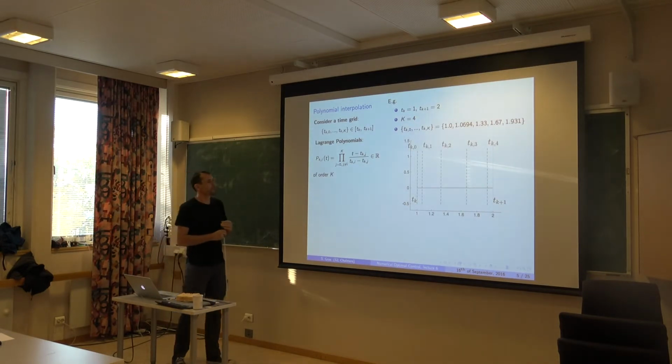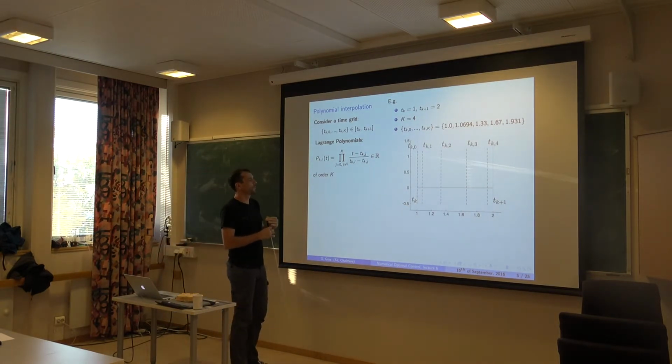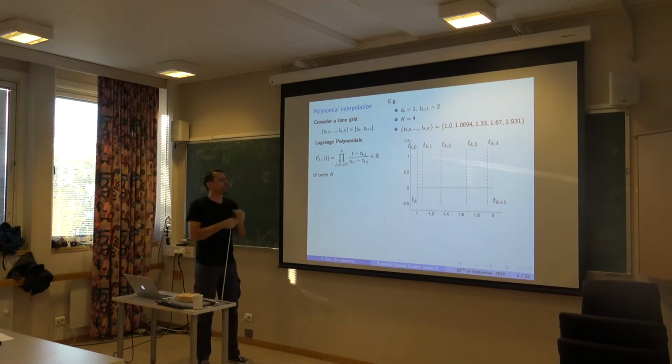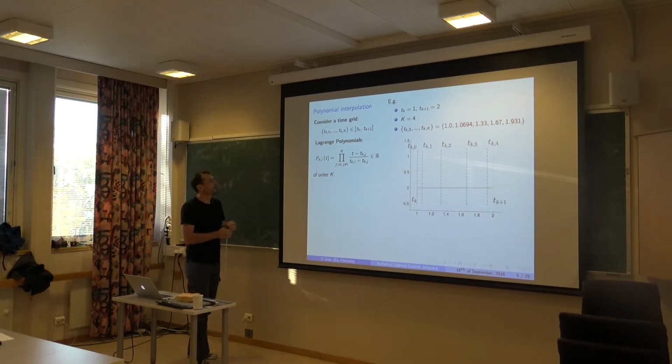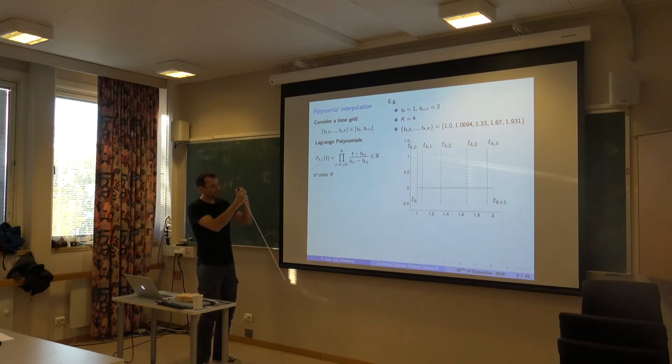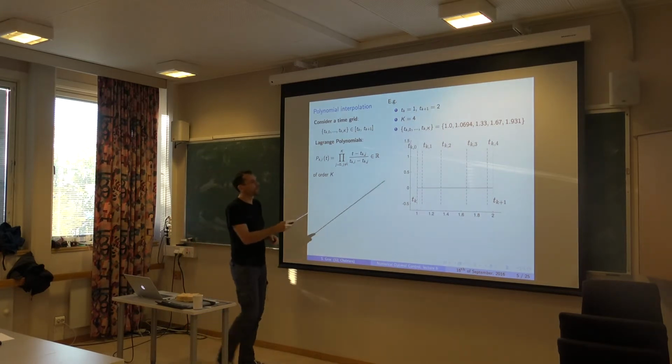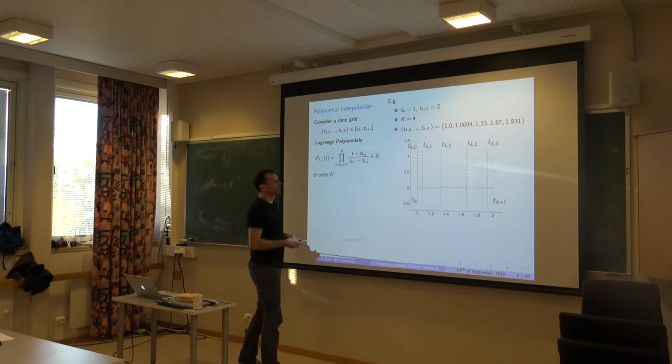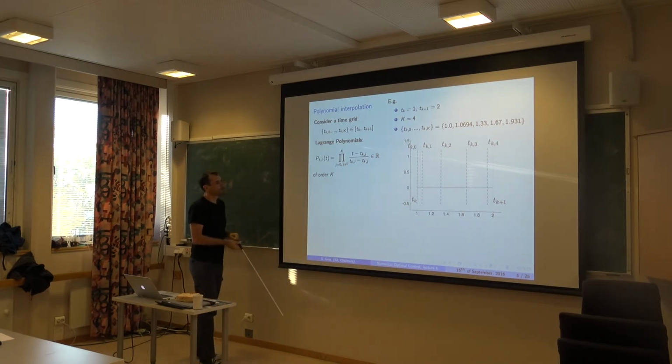I didn't tell you yesterday how you build this polynomial. If you remember, this is the family of polynomials that you will combine to form the trajectory. There are Lagrange polynomials, and if you remember, they are built so that they go through the points that we select to support the interpolation.